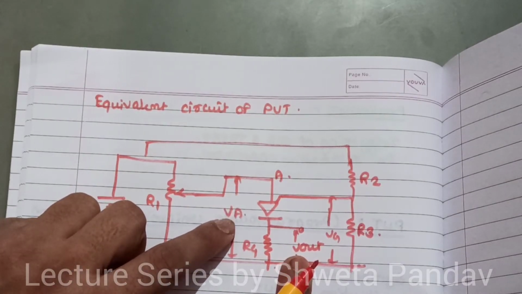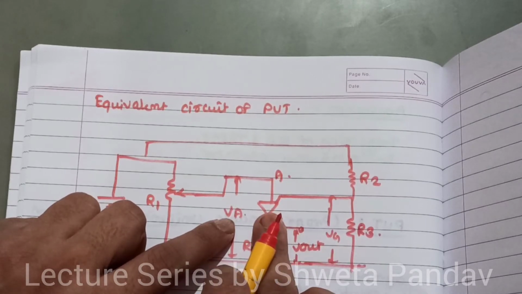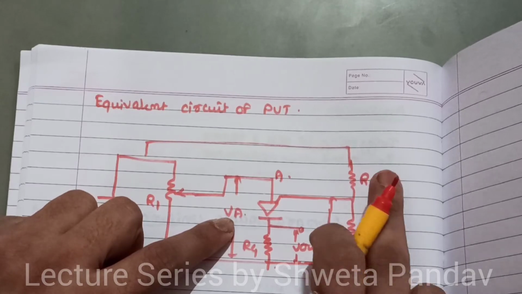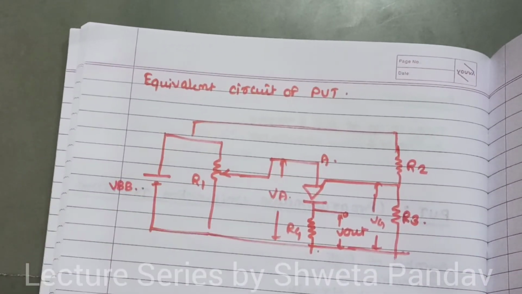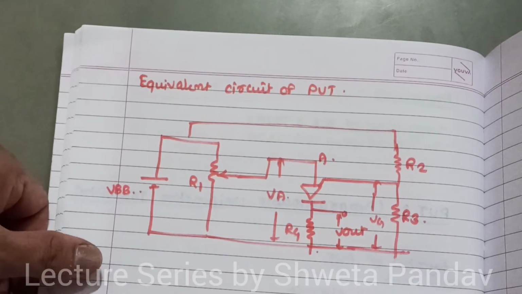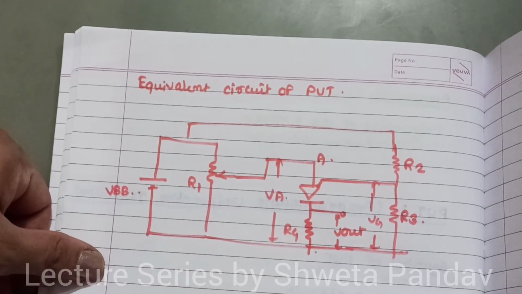The voltage across anode will decide whether the PUT is turned on or not, and the value of R2 and R3, we can vary so that it can be programmed.